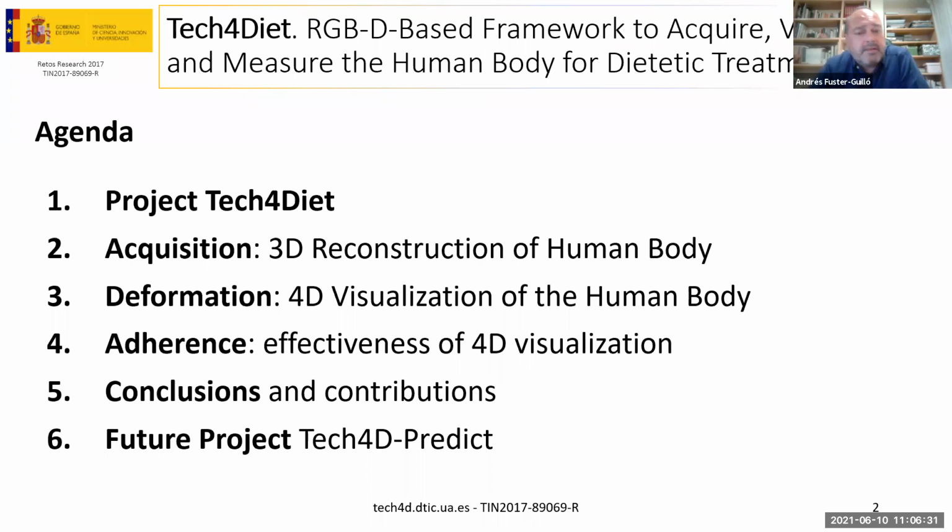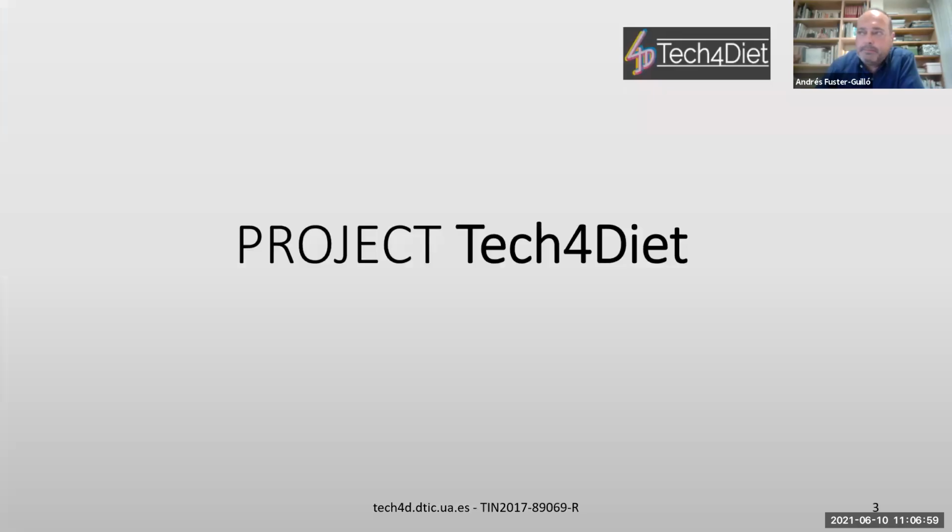In the fourth part, we will talk about the adherence, that is the evaluation of the effectiveness of the use of these technologies over the adherence to nutritional treatments. And finally, we will summarize some contributions and the objectives of our new project that we are going to begin in the near future.